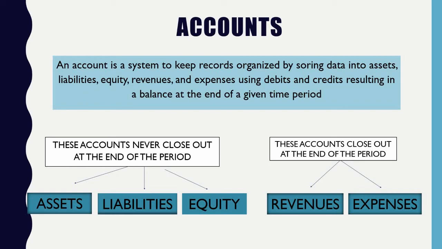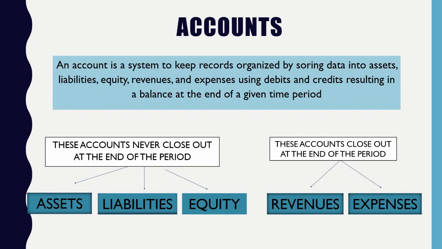Accounts. There are a total of 5 accounts, no more, no less. These accounts are going to signify or explain certain things that you should be doing or should have. Again, I talked about what assets are. Assets are everything that you own, and your liabilities are everything that you owe.